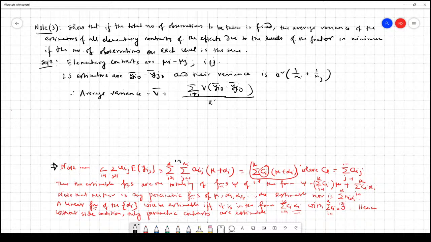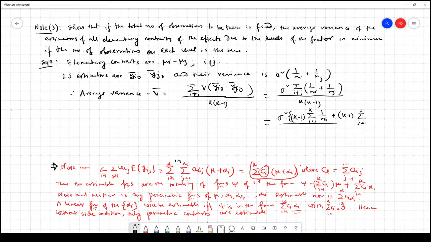K into k minus 1. So this is equal to sigma square, and this is equal to k minus 1, sum over i from 1 to k, 1 by n plus k minus 1 sum over j from 1 to k, 1 by n, into k minus 1.